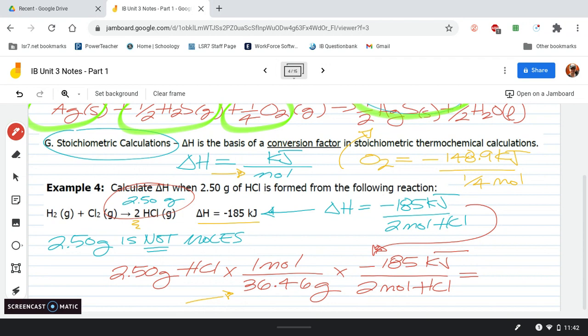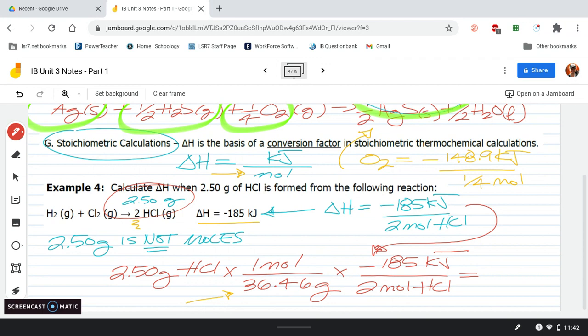So we run this through a calculator, and let's see what we get. We get 2.5 divided by 36.46. Hit enter. Multiply by negative 185, hit enter, and then divide by 2. And that's how many kilojoules you would get if you had 2.5 grams.